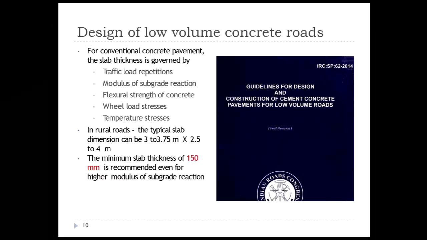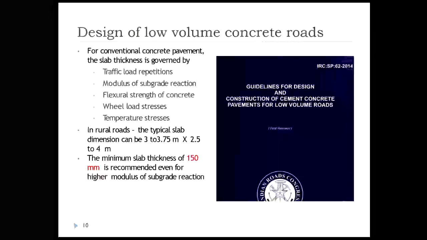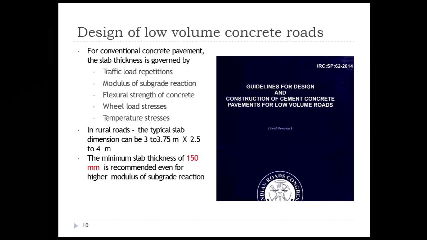Okay. Now, in the case of rural roads, unlike our high volume roads, where we may consider a panel size of 3 into 4 or say 3.5 into 4.5 meters, when we come to rural roads, typical slab dimensions can be 3 into 3.75 meters, or this can range between 3 to 3.75 into 2.5 to 4 meters, because our lane width is only 3.75 meters.